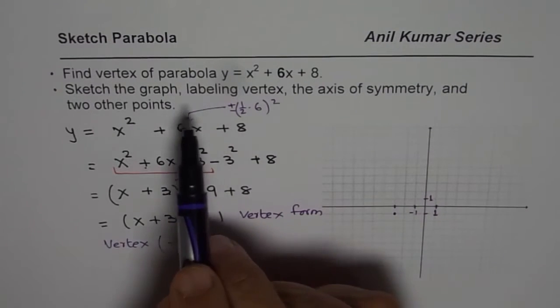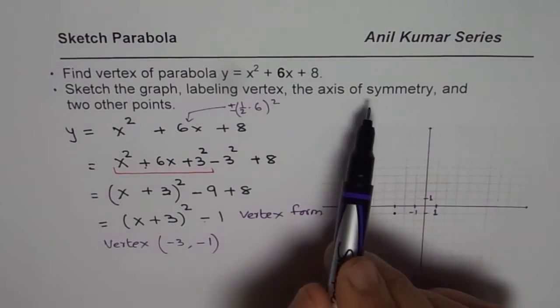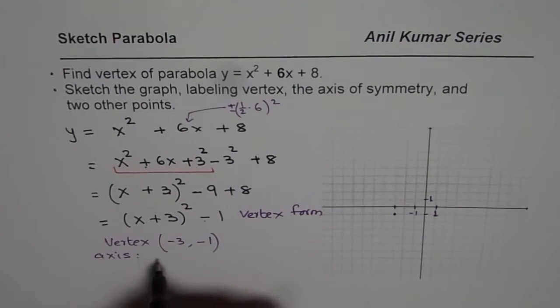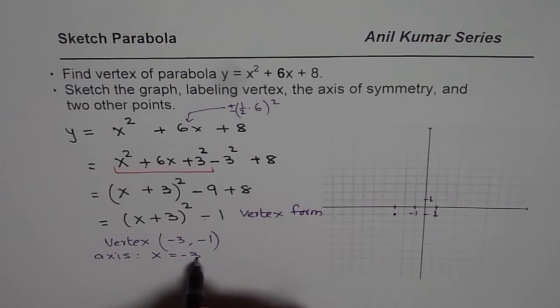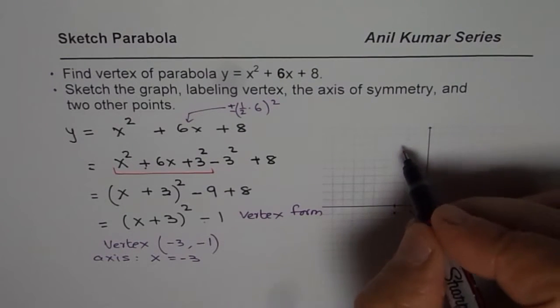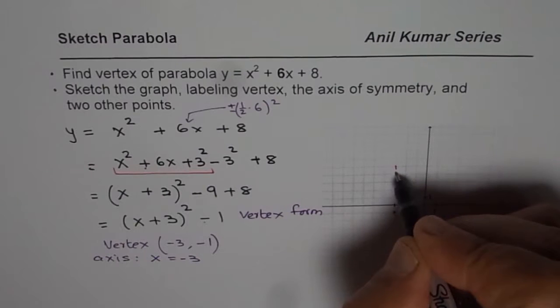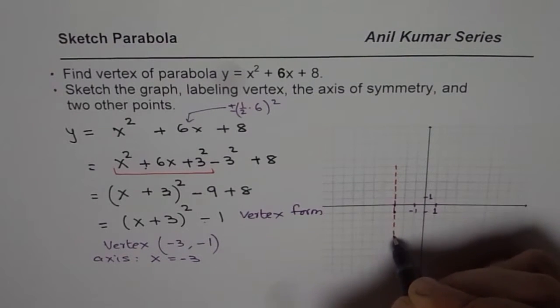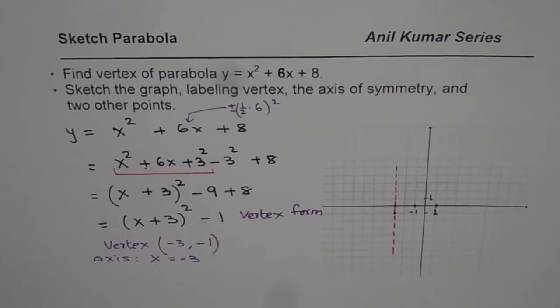Now we will label it. It says axis of symmetry. The axis of symmetry is always the x value of the vertex. So the axis of symmetry is x equals minus 3. You can sketch it as a vertical dotted line, kind of like this. So let me label it now.